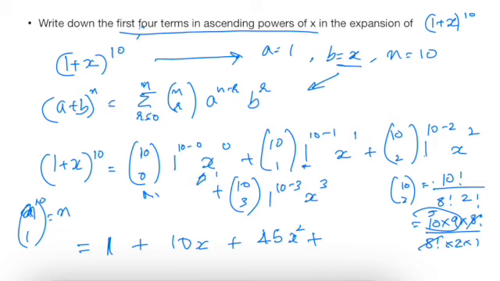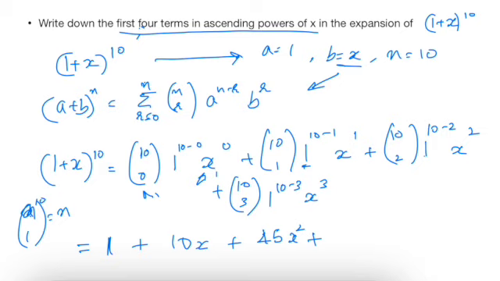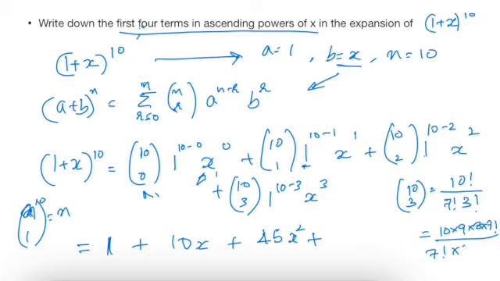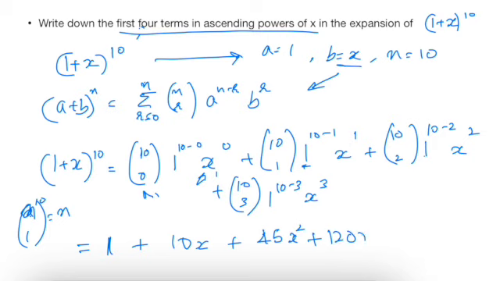Plus let's do 10C3. 10C3 is 10 factorial divided by 7 factorial into 3 factorial. This is 10 into 9 into 8 into 7 factorial divided by 7 factorial into 3 into 2 into 1. 3 factorial is 3 into 2 into 1. So it is 120 x cube.